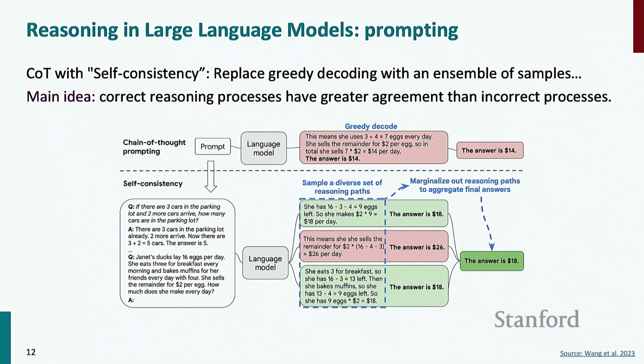With self-consistency, we're going to sample multiple times, so sample multiple rationales. They are all going to lead to multiple answers, and then we're going to pick the one that is the most common, okay? With the idea being that if an answer keeps appearing for multiple rationales, as the majority of the rationales agree on, then it's more likely to be correct.